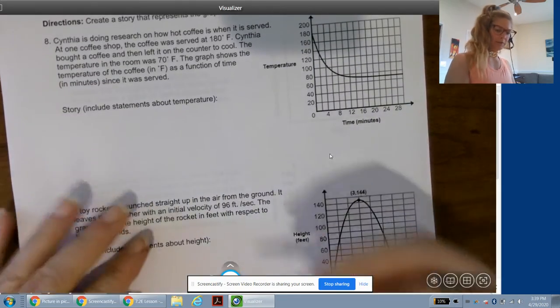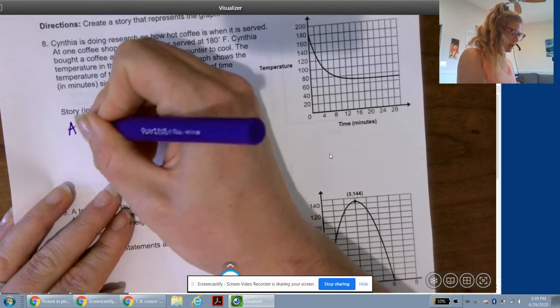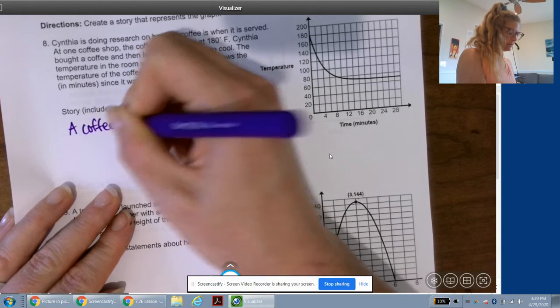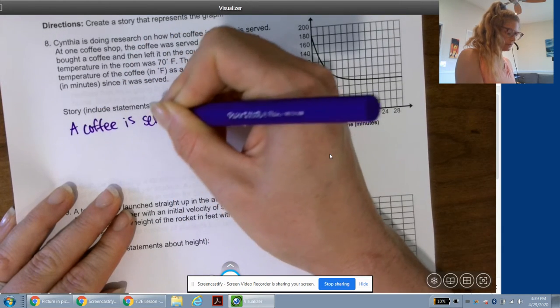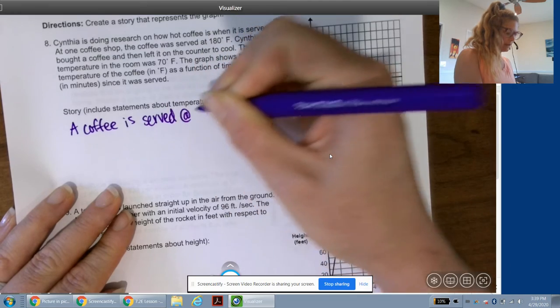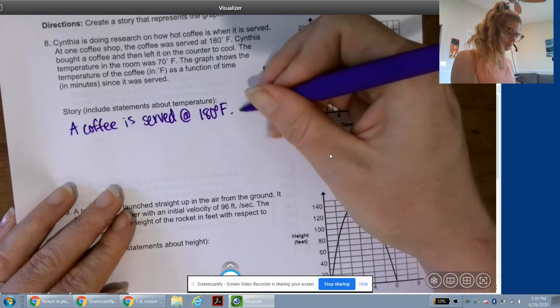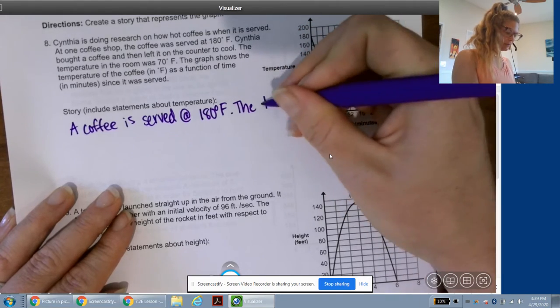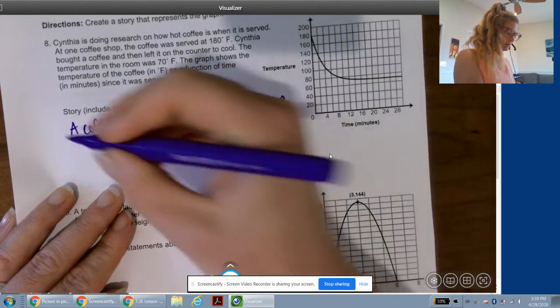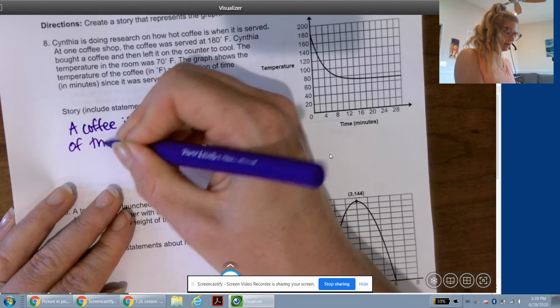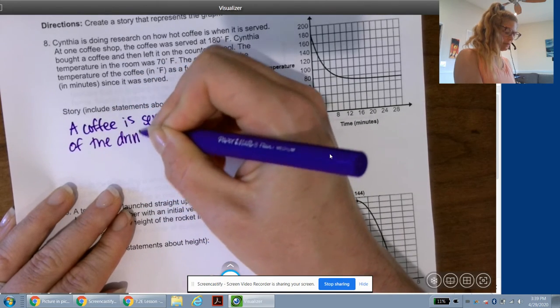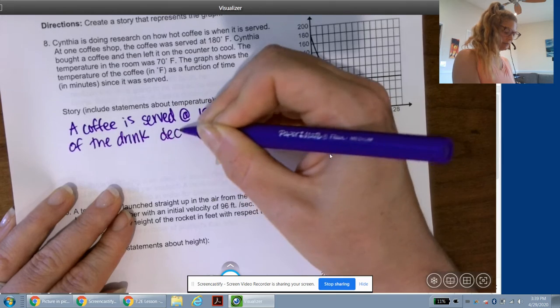So just from this graph, a coffee is served at 180 degrees Fahrenheit. The temperature of the drink decreases.